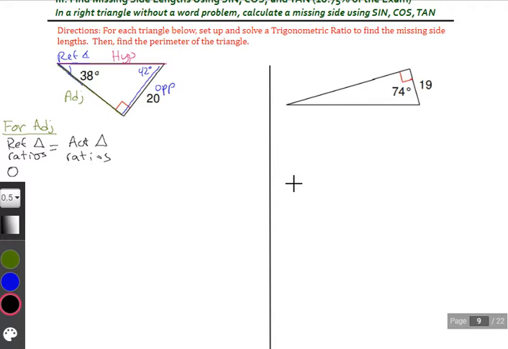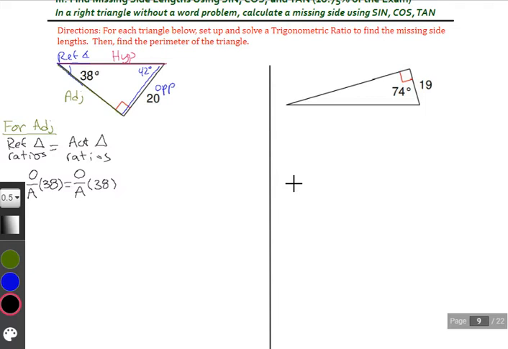Ooh, that's not going to work. Eraser, okay. There we go. We're going to have to use opposite over adjacent for a given reference angle of 38. And we have to compare that in our actual triangle, the one that we're trying to solve, opposite over adjacent, 38. Because remember, the ratios have to be the same if our triangles are indeed similar, and they are.